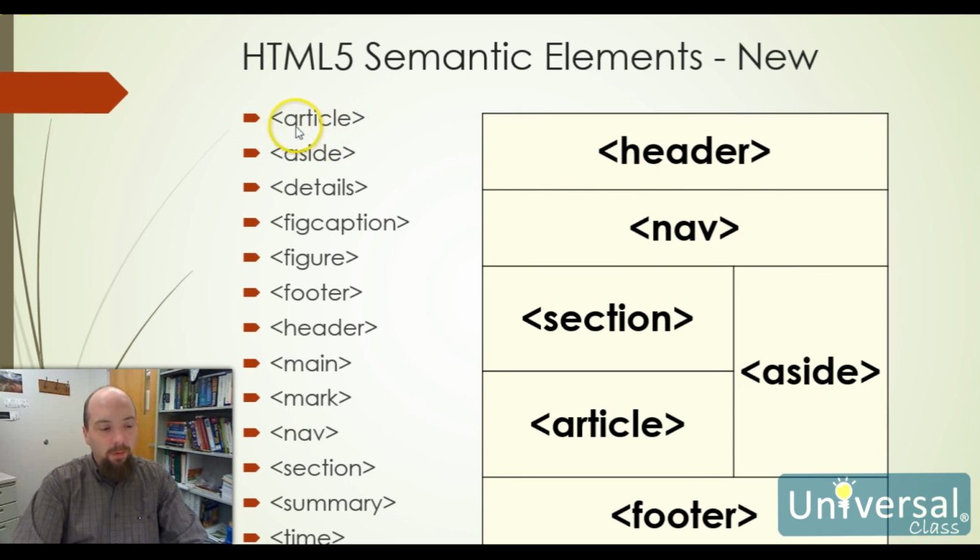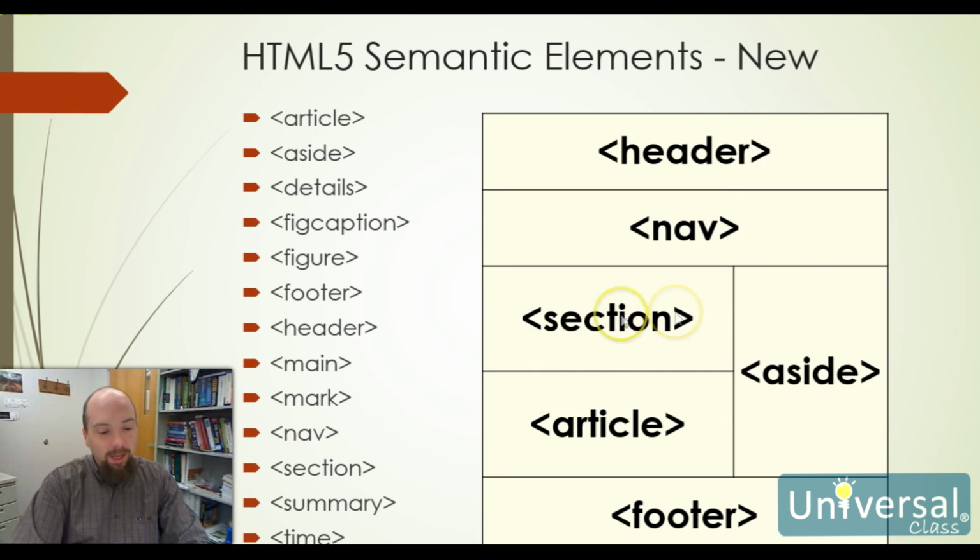Okay, so I have article, I have section, I have aside. Now the aside would be things like news tickers, advertisements, stock information, things like that, that I can have over there on the side. And the search engines will ignore this information because they know that that's not necessarily part of the content of the page.